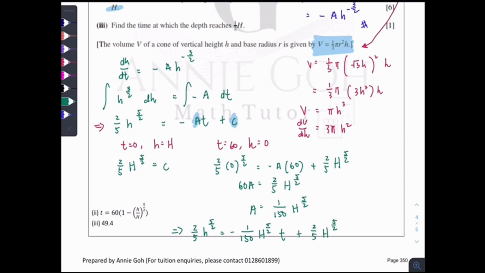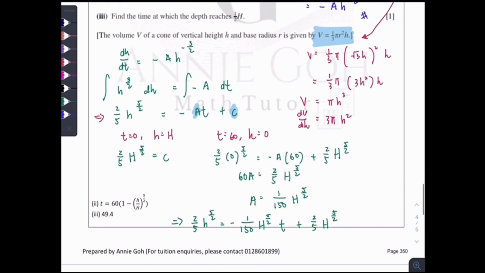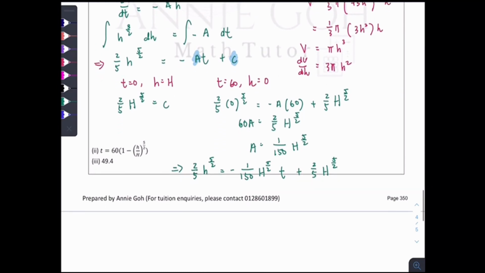So this is our final answer, but according to the question, what they want is t in terms of h and the big H. So you just need to do some adjustment. What to do is bring the t term to the left hand side.